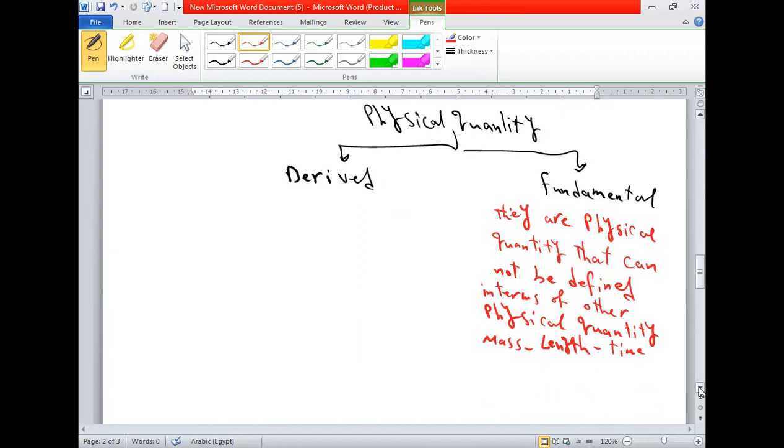What do we mean by derived physical quantity?